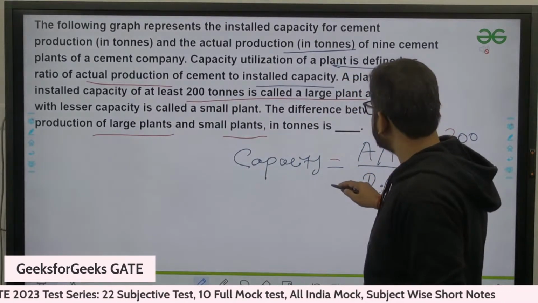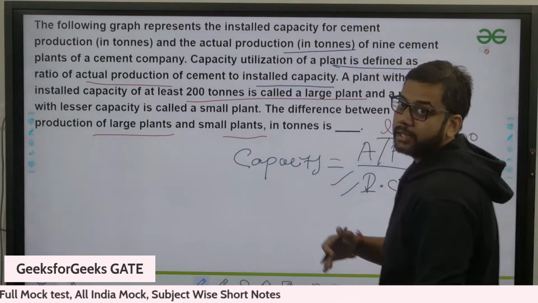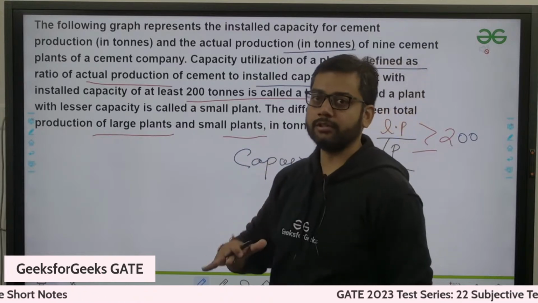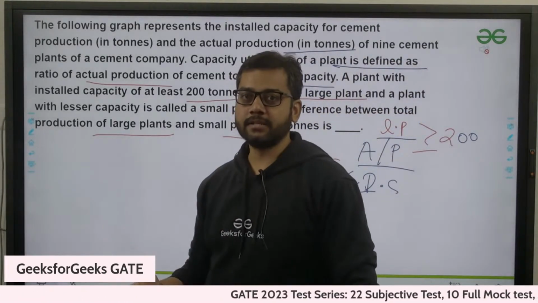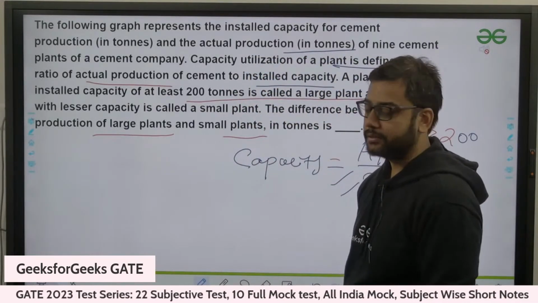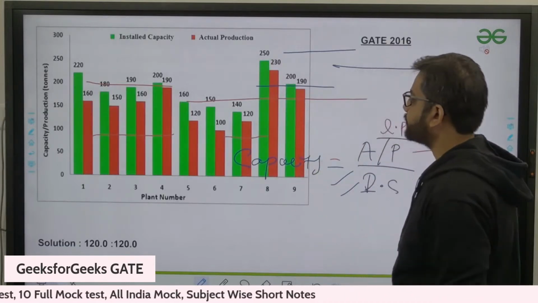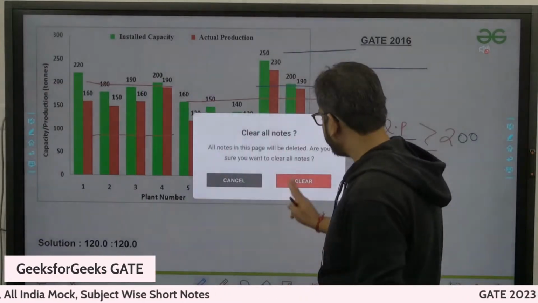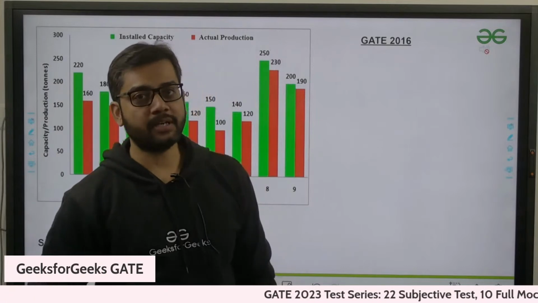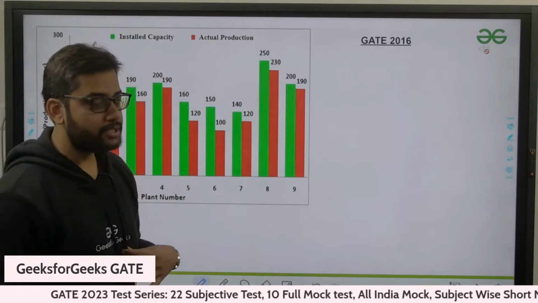The second is that plants with production capacity of 200 or more are large, less than 200 are small. The rest of the information is not useful. And this is our question. We have to find the ratio of large plants and small plants. This is a GATE 2016 question.